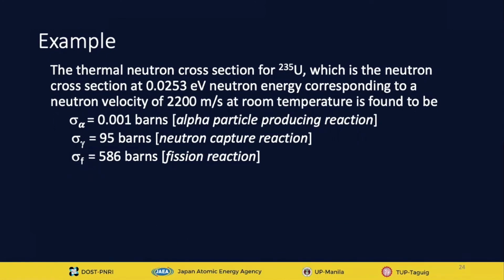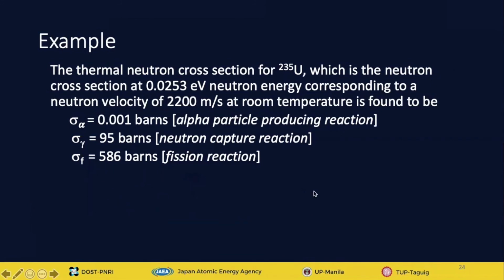The thermal neutron cross-section for uranium-235 at 0.0253 electron volt, or at a velocity of 2,200 meters per second at room temperature, is found to be 0.001 barns for alpha particle producing reactions, 95 barns for neutron capture reaction, and 586 barns for fission reaction.